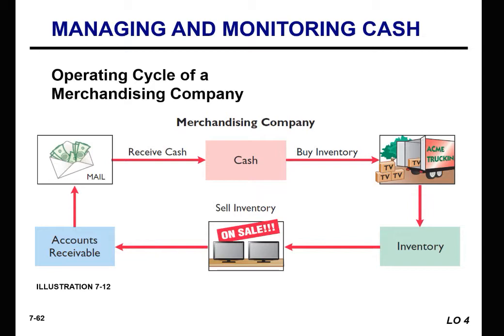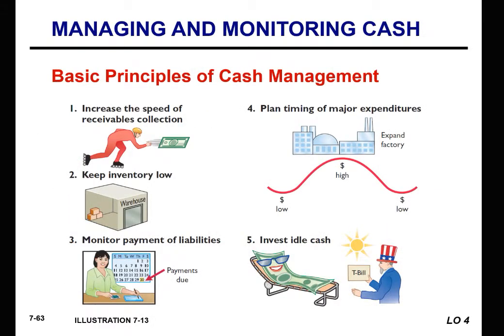Companies can improve their chances of having adequate cash by following some basic principles of cash management. And this is where some small companies really have a weakness. You can increase the speed of your receivables collection.